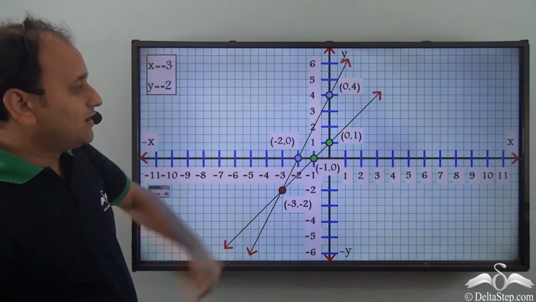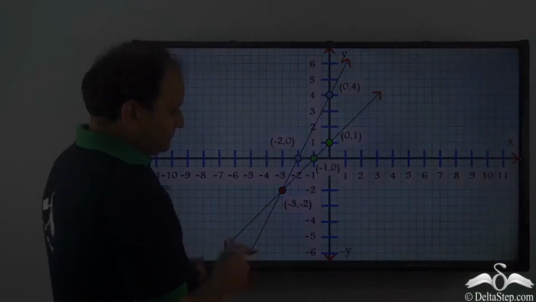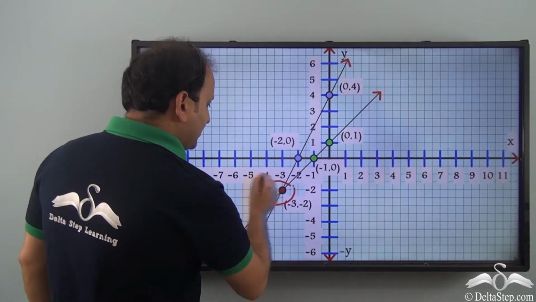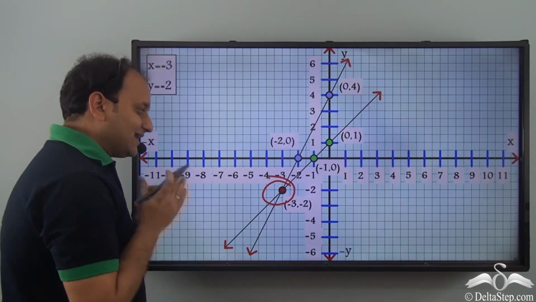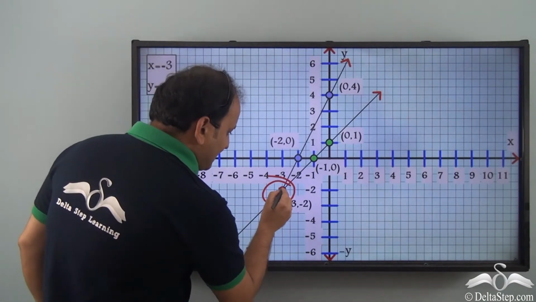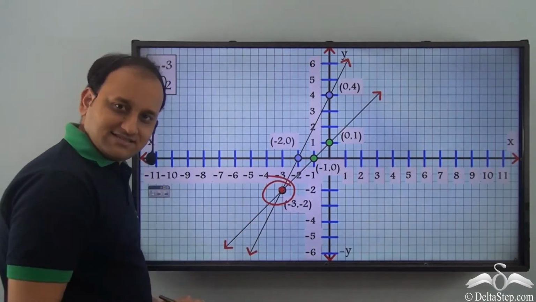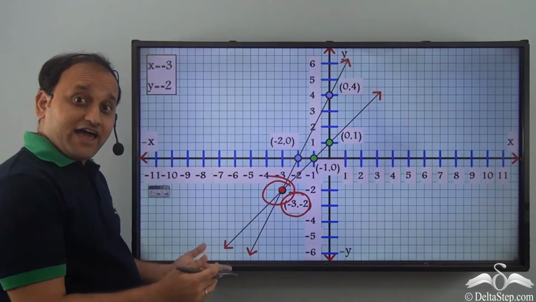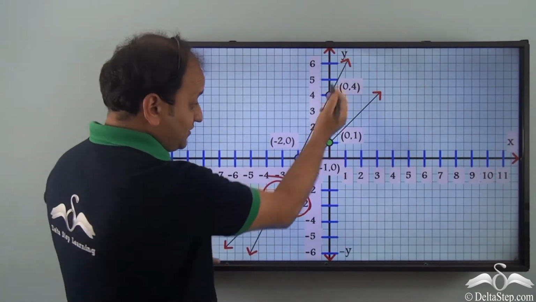So let's have a look at this particular plot once again. As you can see clearly, these two lines intersect at this particular point. So we can clearly say that this is the only point which lies on both the lines, and this is the only value which will satisfy both the equations, right?